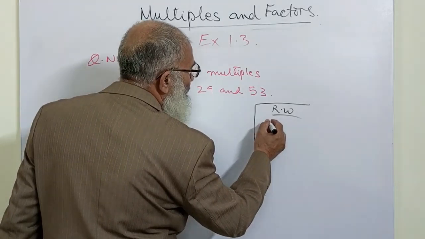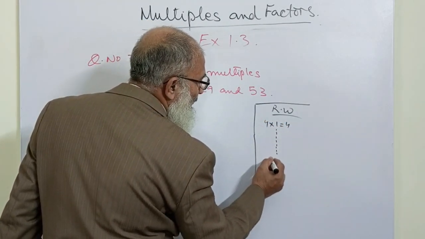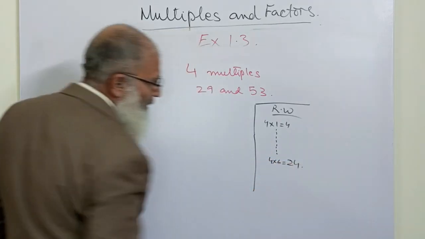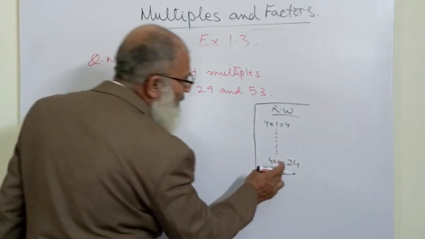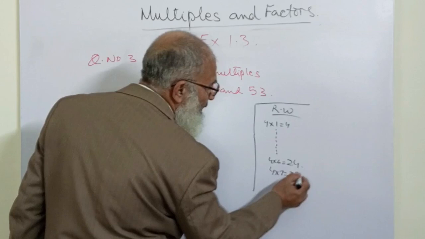I know that 4 multiplied by 1 is 4, and so on till 24. Now the next is 7, which is 28.